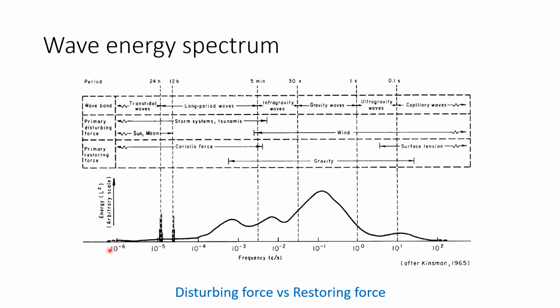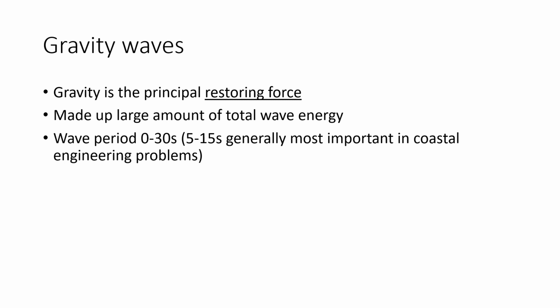So this wave energy spectrum shows us the distribution of the different types of wave with different wave period or wave frequency as typically observed in the coastal region. So we mentioned that gravity force is the principal restoring force, and makes up a large amount of the total wave energy. Typically it applies to wave period between 0 to 30 seconds and is most important in coastal engineering problems.